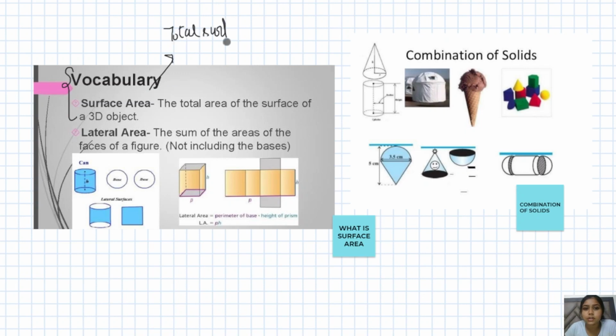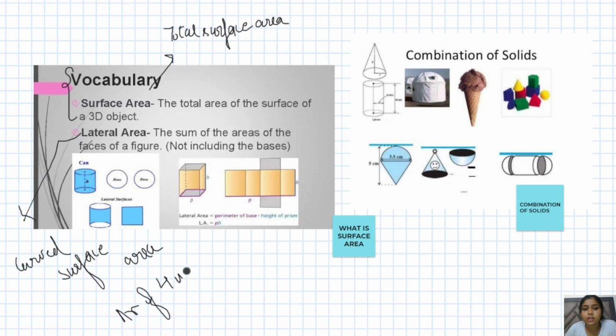Also we have discussed the lateral surface area, which can be called the curved surface area, or CSA, and also we can call it the area of four walls in the case of cubes and cuboids, right? So basically surface area is the total surface area of the 3D object.